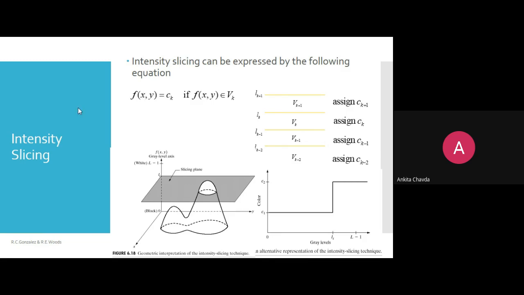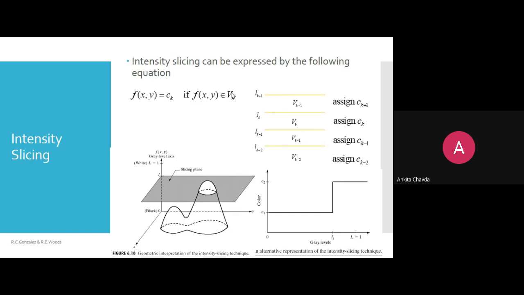if your f of xy belongs to Vk. Vk is what? It is nothing but the vector, the set representing the values of intensity. Suppose this is not a two-color image but a five to seven color image, seven-color slicing.